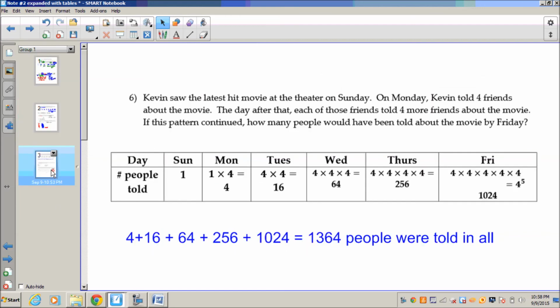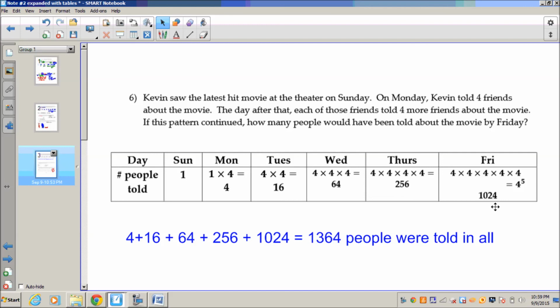Question number 6. Again, I set up a table to keep track of the number of days and the number of people told, which gets multiplied by 4 every day. Now, the question says how many people would have been told about the movie by Friday? On Friday, 1,024 people were told.